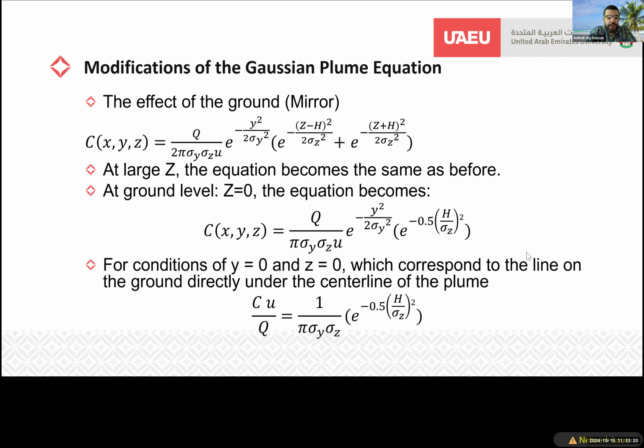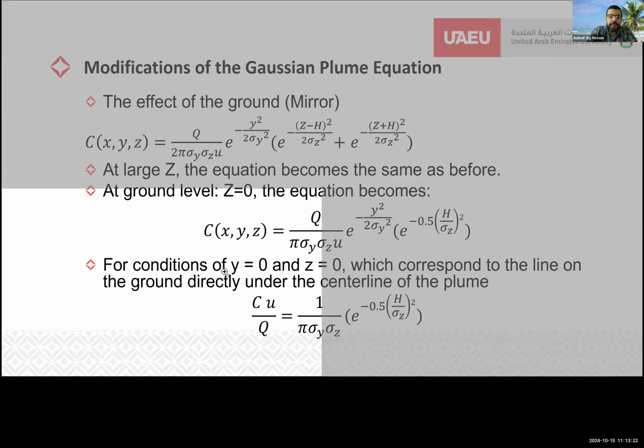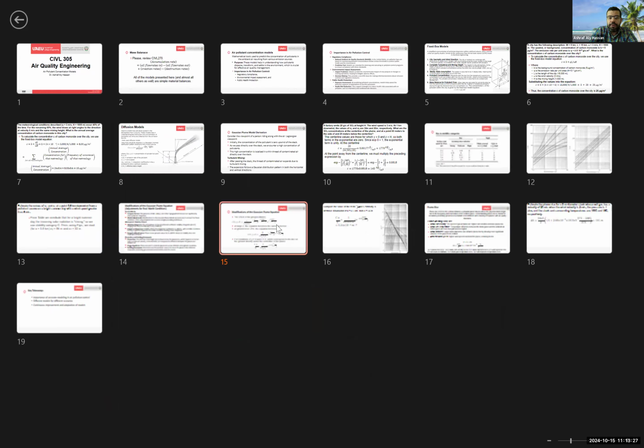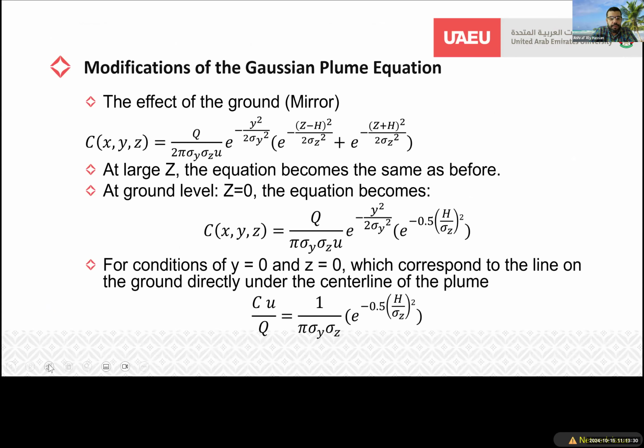So basically, if this is my stack and the plume goes like this, and here is your ground, theoretically the model assumes that the plume keeps dispersing this way, while this really doesn't happen like this.